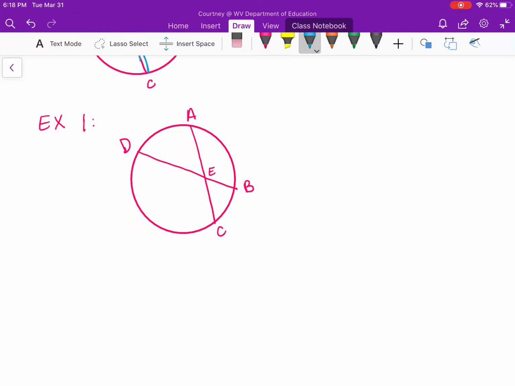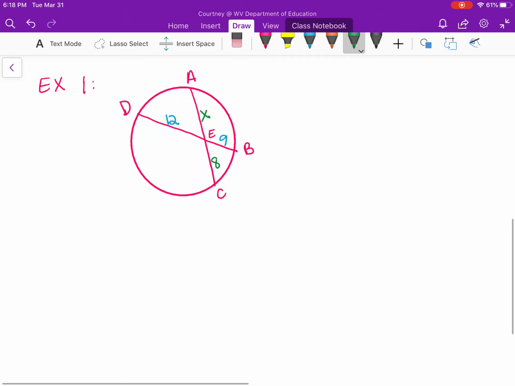All right, so D to E is 12. E to B is 9. C to E is 8. A to E is X, and so we're supposed to find X.